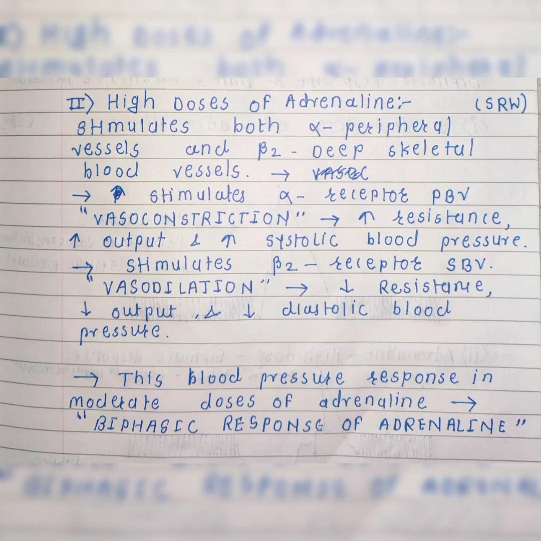As it stimulates the beta 2 receptor of blood vessels, it produces vasodilation, that means it produces decrease in resistance, decrease in output and decrease in diastolic blood pressure. This blood pressure response in moderate doses of adrenaline is known as biphasic response of adrenaline.